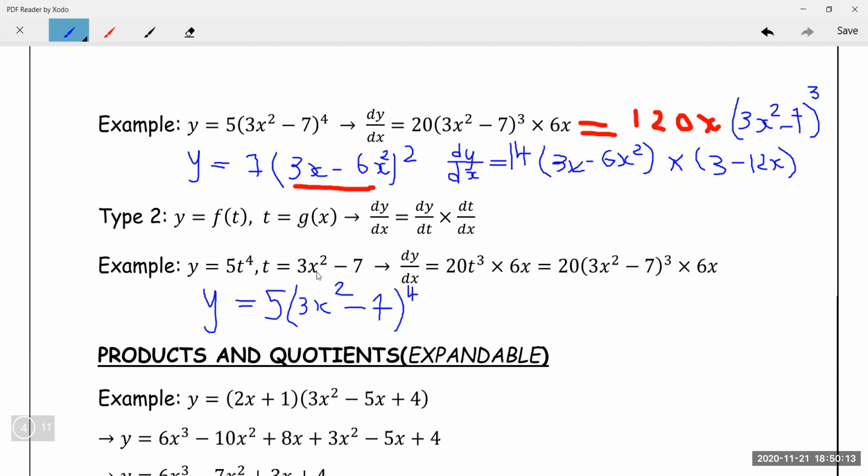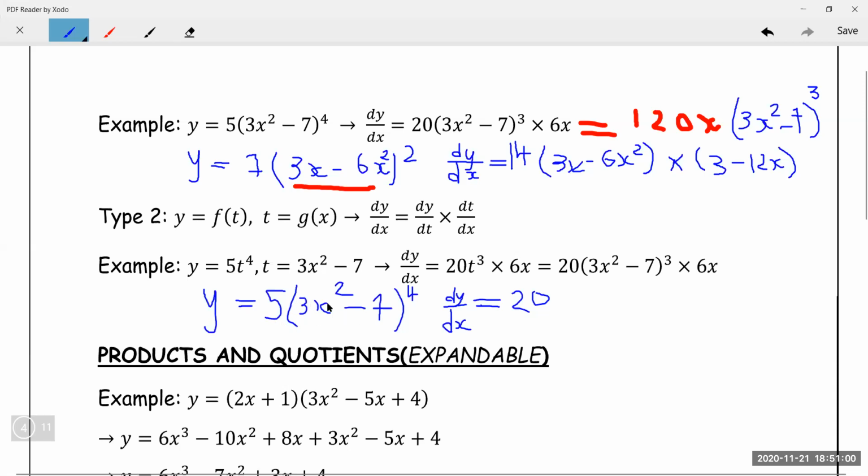Agreed? Yes, sir. Nice. So now that I rewrite y strictly in terms of x, what would be dy/dx? 20, yeah. 20t cubed. 20 what? So look at this.